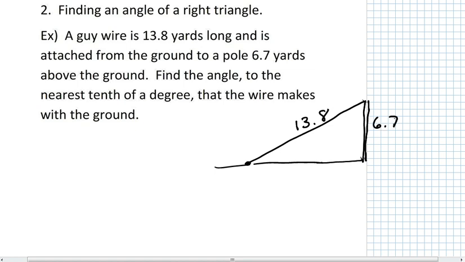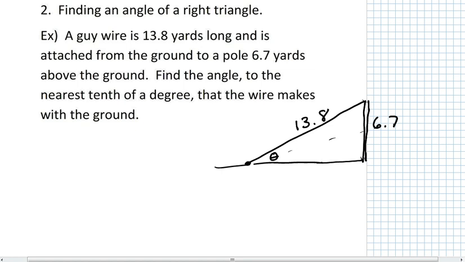So the pole is 6.7 yards above the ground, and it wants you to find the angle to the nearest tenth of a degree that the wire makes with the ground. So here's the angle that the wire makes with the ground. Remember, going back a little ways, when we find angles using our calculator, we use sine or cosine or tangent inverse.